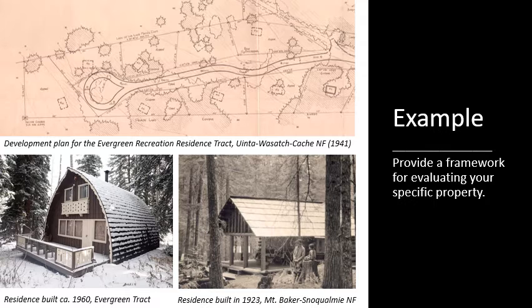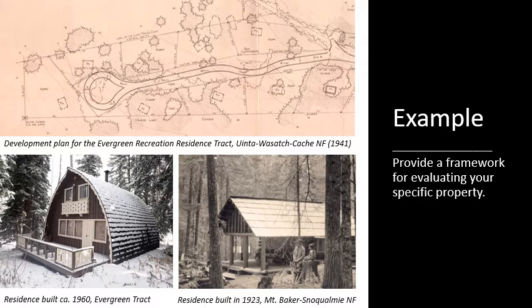They are likely to have significance in the areas of architecture, community planning and development, conservation, landscape architecture, social history, and/or recreation. Their period of significance is typically 1915 through 1960, but you would refine that period to the specific tract.